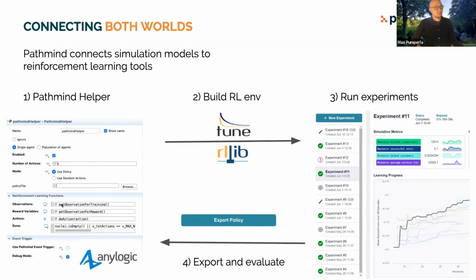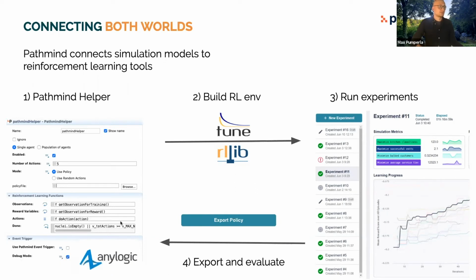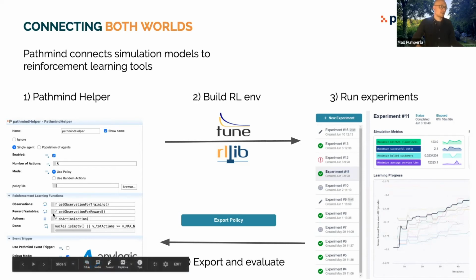So this is something, if you use reinforcement learning regularly, you would recognize the terms, of course, but it's presented in a way such that AnyLogic users can actually utilize that and provide information that they can understand.